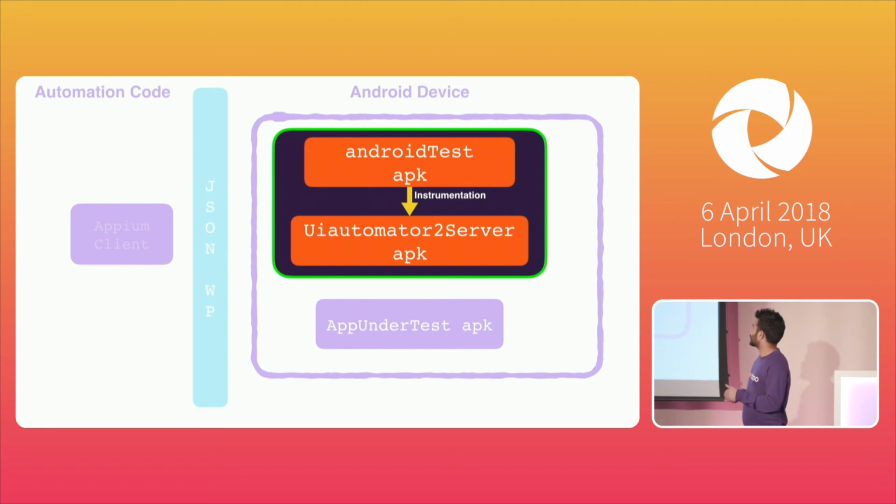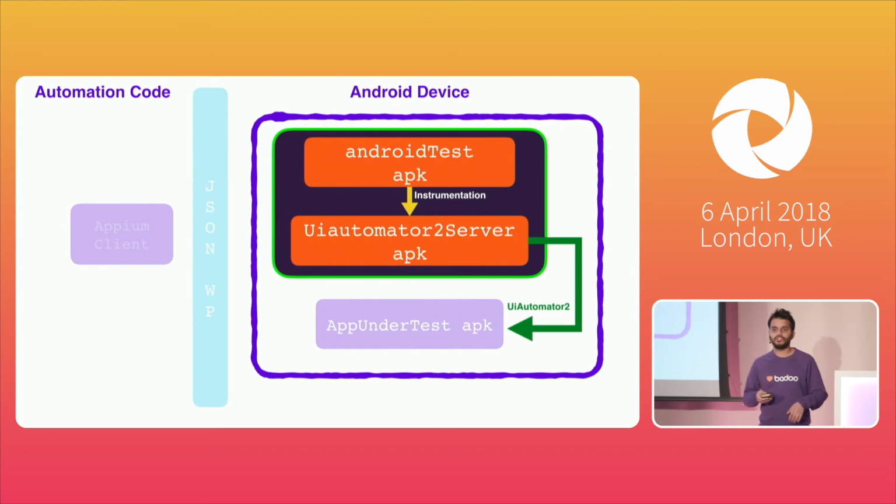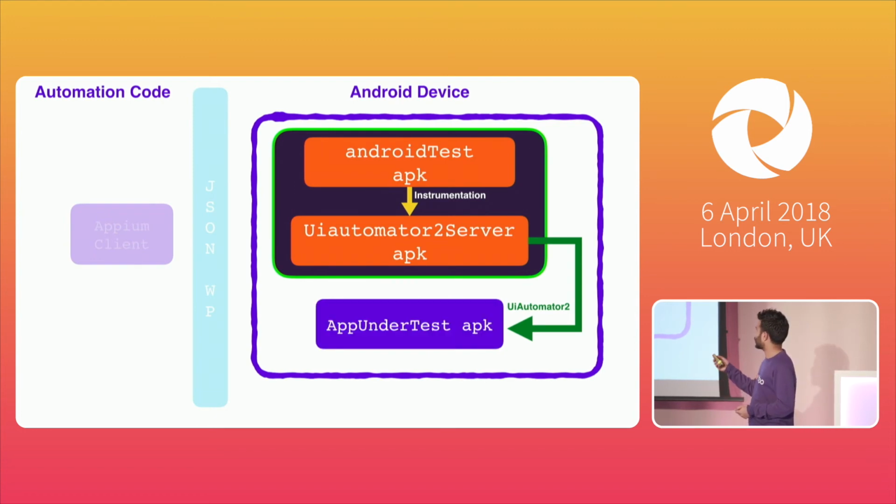So the test APK can start the server APK, and the test is run using ADB shell am instrument from the UiAutomator 2 driver, which is not shown here. Once the server starts, our application under test is driven using the UiAutomator 2 APIs.